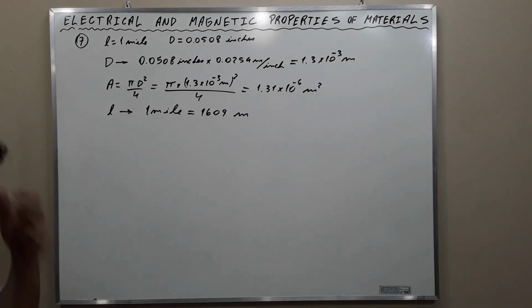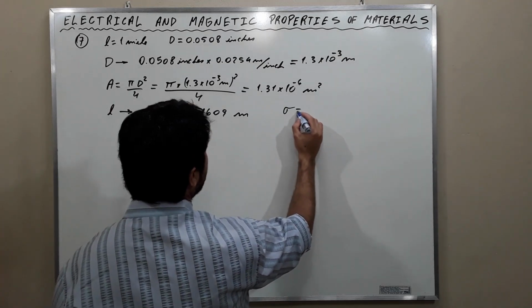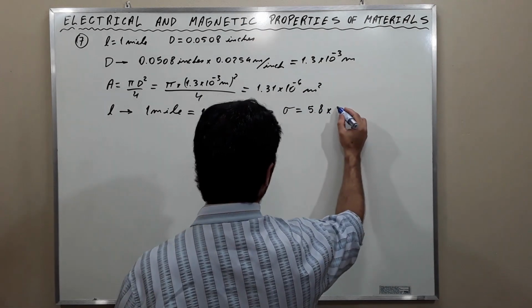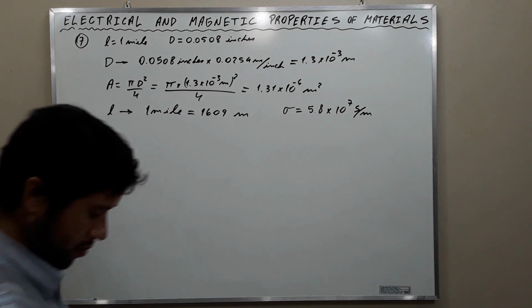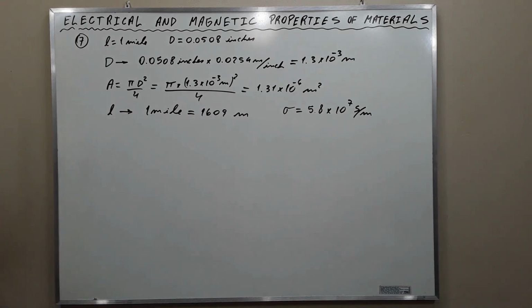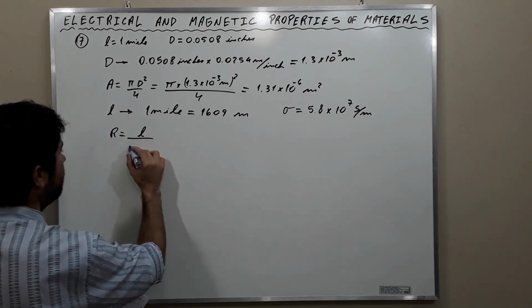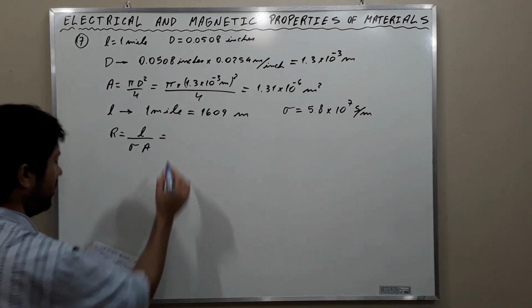Referring to a table, we find that the conductivity of copper is 5.8 times 10 to the 7th Siemens per meter. With this data, the resistance of the wire can be calculated as R equal to length divided by conductivity times cross-sectional area.